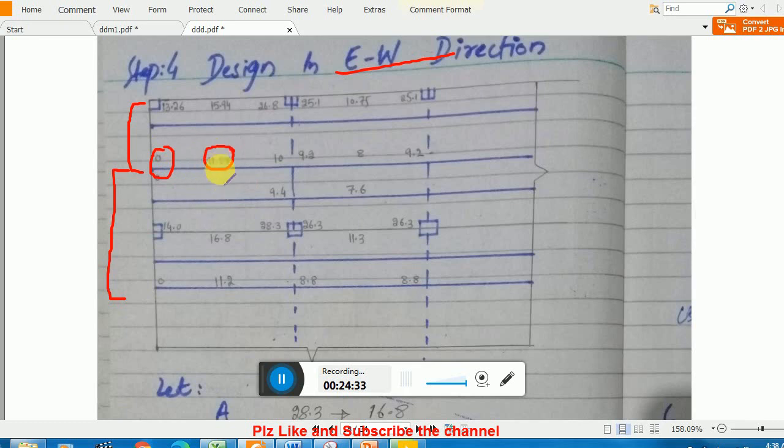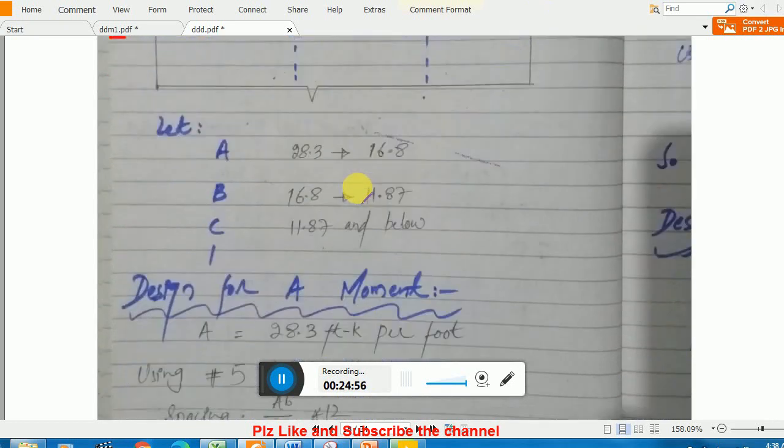So we have to select larger values. And here you see 10, while here 9.4, so they are close. And this is 28.3. All these movements are there, so you just need to combine them, and from here you can choose the larger values.